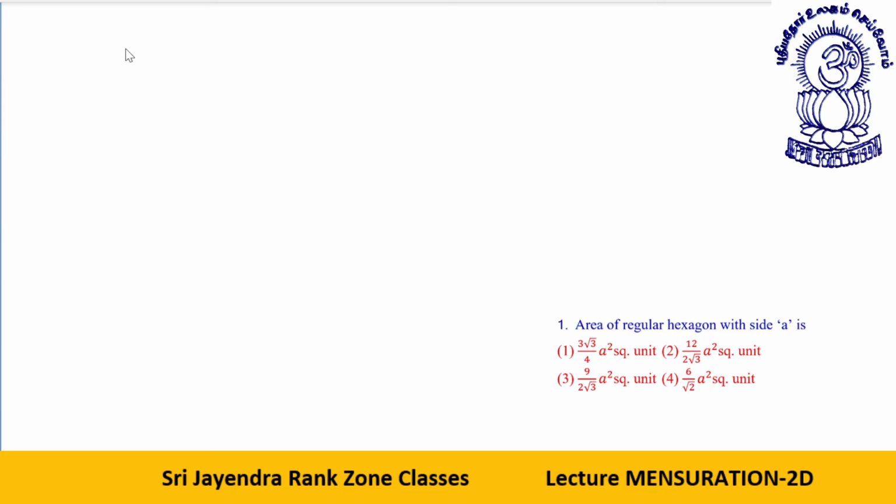See, what is the formula for area of a regular hexagon? We have already discussed the area of a regular hexagon is 3 root 3 by 2 a square.